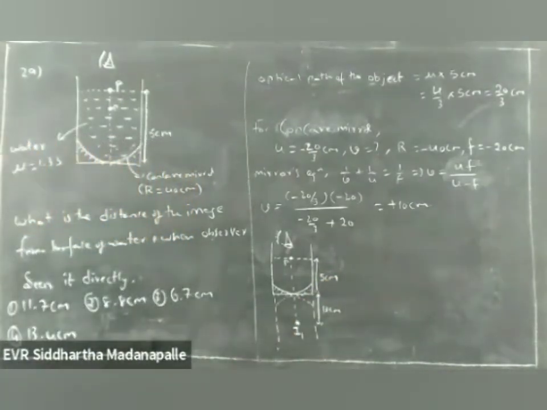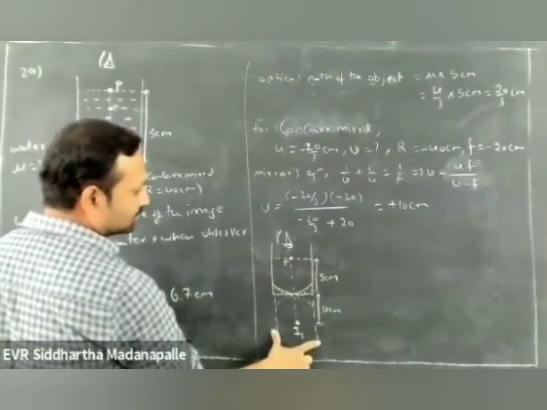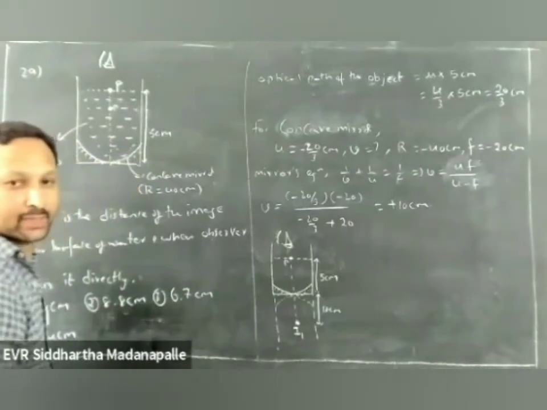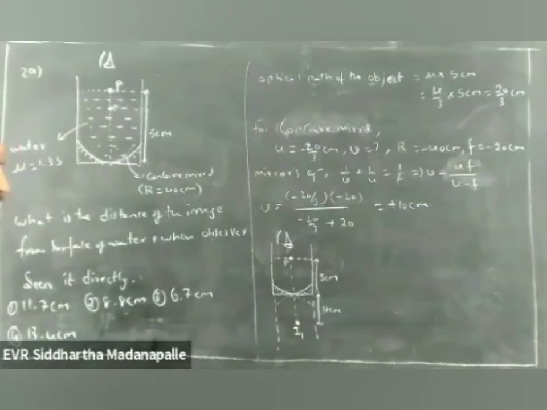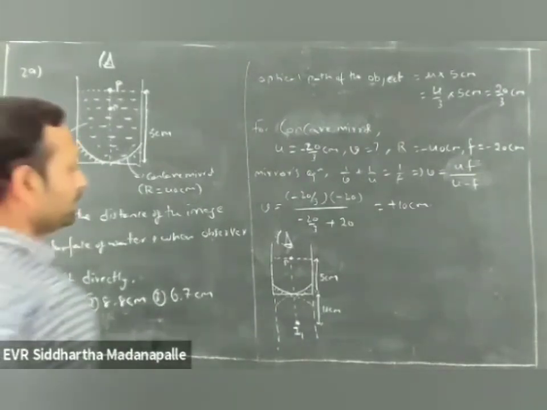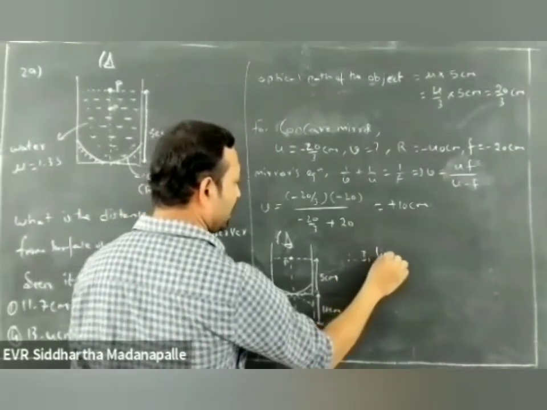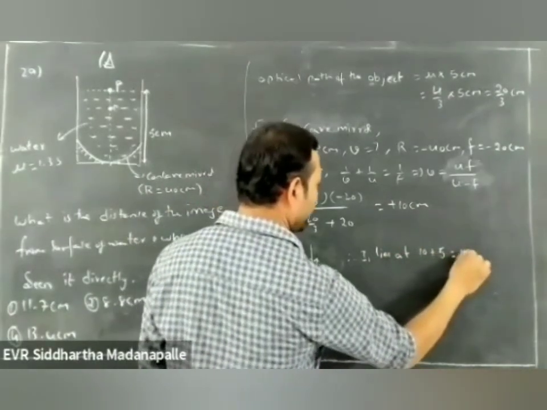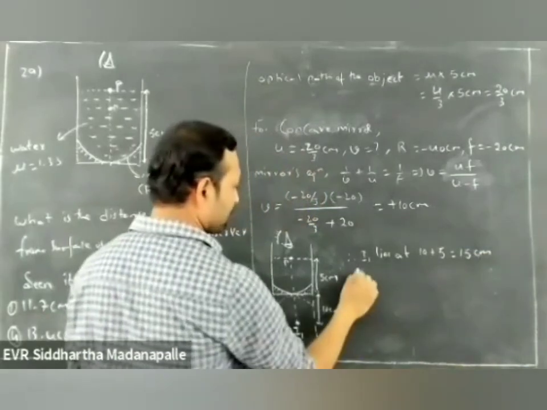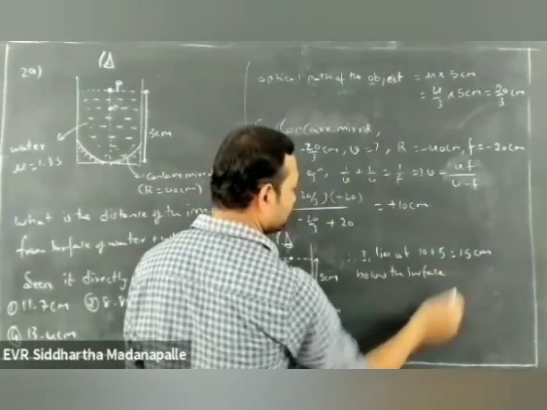But for the observer, this I1 lies in the denser area. Then what will be the optical path for this I1? That is what is actually seen by the observer. So therefore, I1 lies at 10 plus 5 is equal to 15 centimeter below the surface.